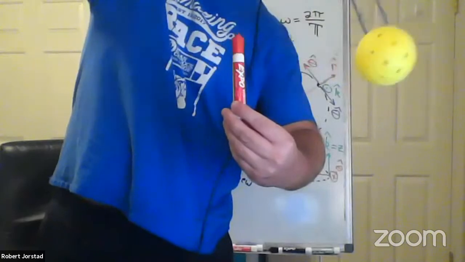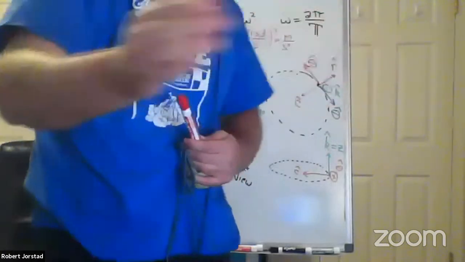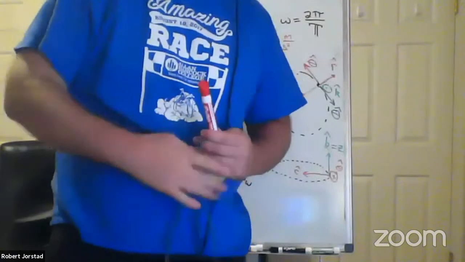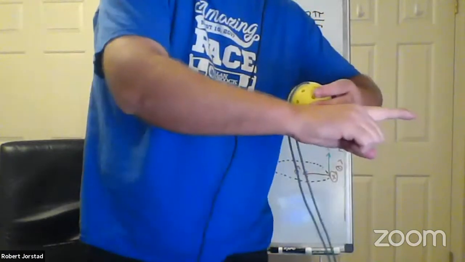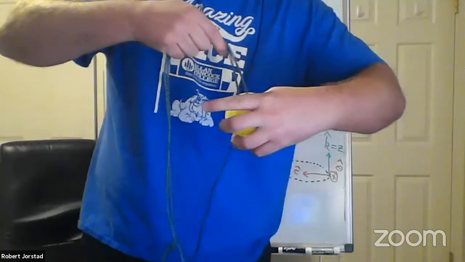So notice in this case, theta hat would be this way, tangent to the circle. Z would be this way, and centripetal hat and radius hat kind of depends on which way you're pointing. So if this circle is going this way, R hat would point out of the circle, and C hat would be pointing towards the center of the circle.